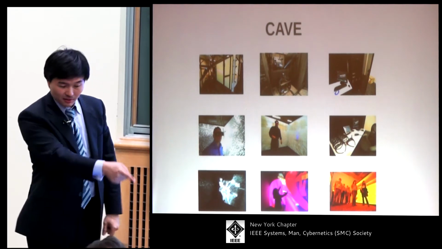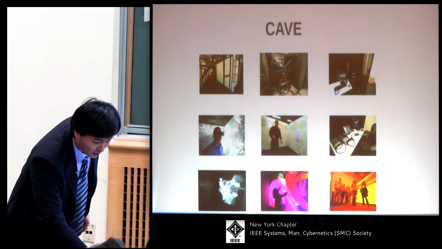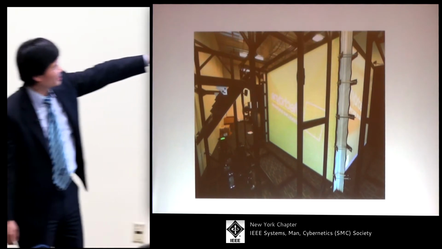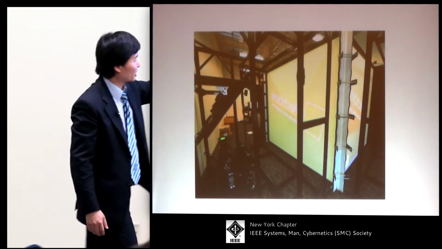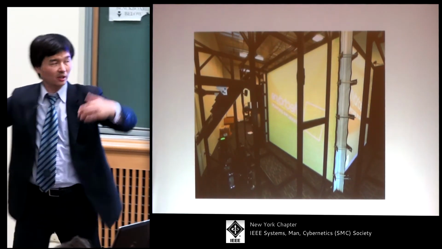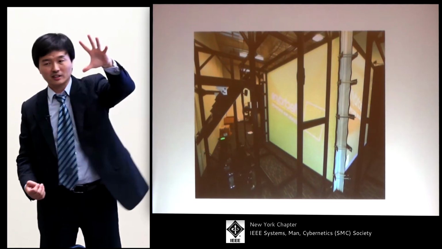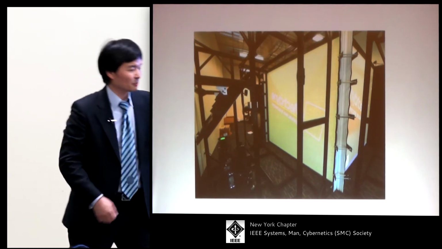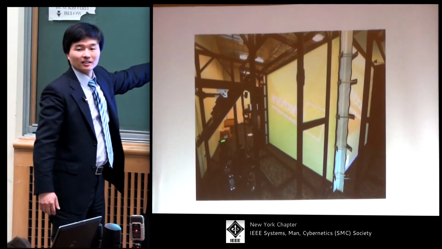This is my own cave at my university. This was a project funded by the National Science Foundation. So this is the back side of the cave. It has a projector like this, though a bit bigger, about this big. It has 3 sides. It projects to a mirror, then reflects to a screen. So the projection is actually in the back, projecting onto a screen.